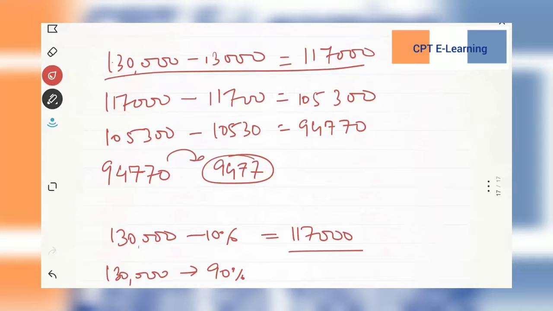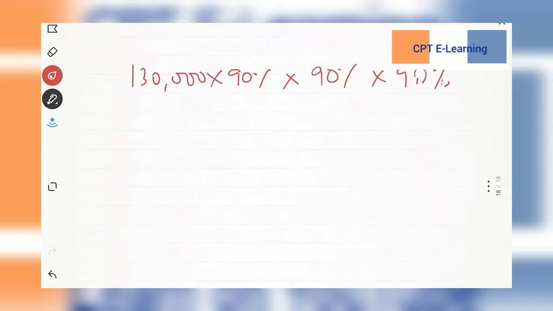See, as I know that the depreciation is 10% and as I know the total of percentage is always 100, I will say, okay, after year 1, what is left will be 90% of it. So what I could have done here also is 1,30,000 into 90% into 90% into 90%. As soon as I do this, what happens is first year value, second year end value and third year end value. I will automatically get the opening balance of fourth year, right?